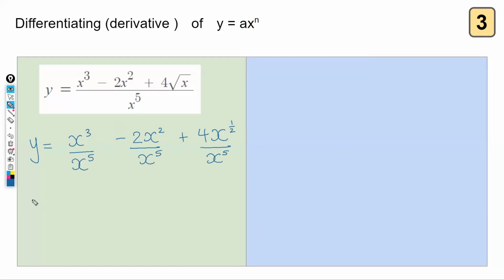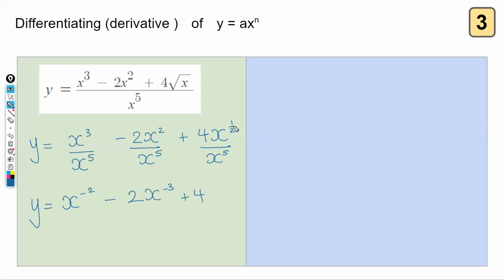You can use your indices rules to simplify these situations. When you're dividing indices, once the bases are the same, remember you minus the powers. 3 minus 5 is minus 2. So this is really x to the power minus 2. 2 minus 5 is x to the power minus 3.